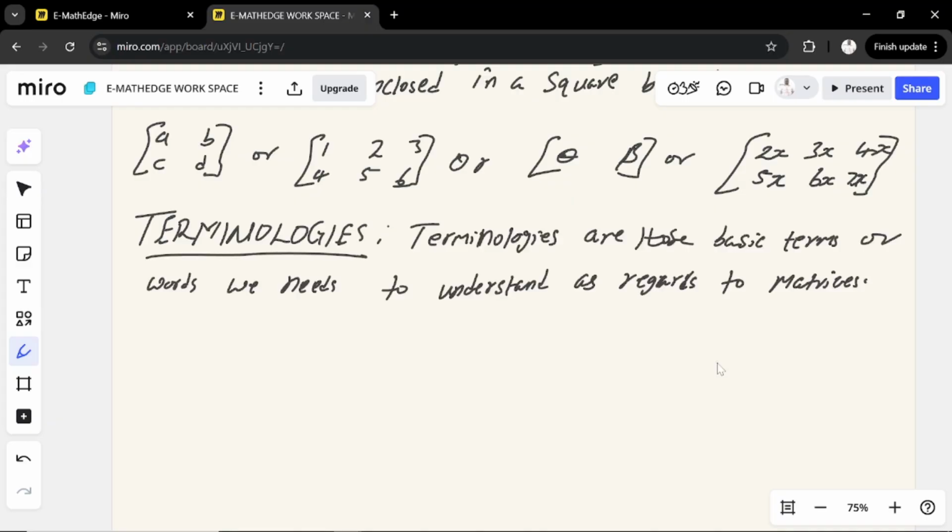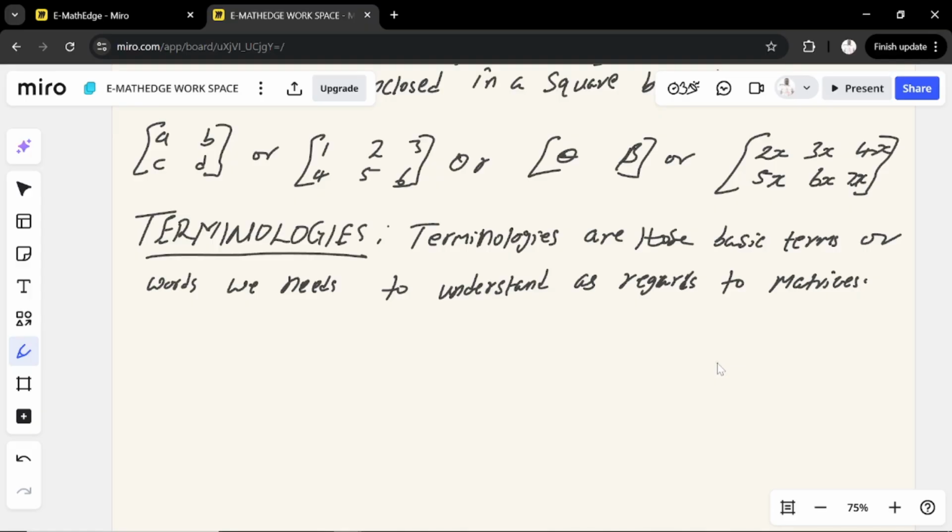So these are basic words or basic terms which we need to take note of as regards matrices. When you hear a row matrix or a column matrix or a transpose, you should be able to identify what it is talking about. So we are going to look at those basic terms one after the other with examples in order to understand those terms or those words better.